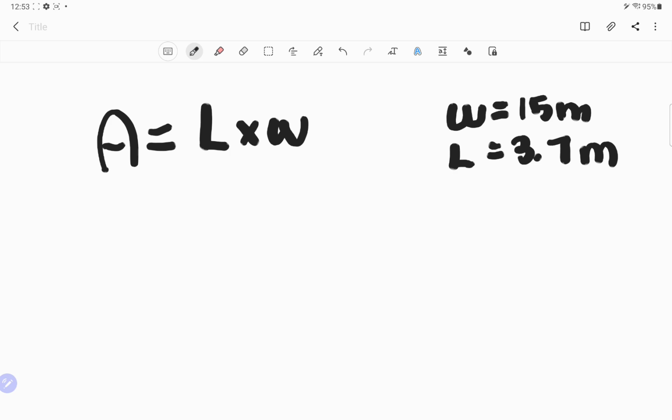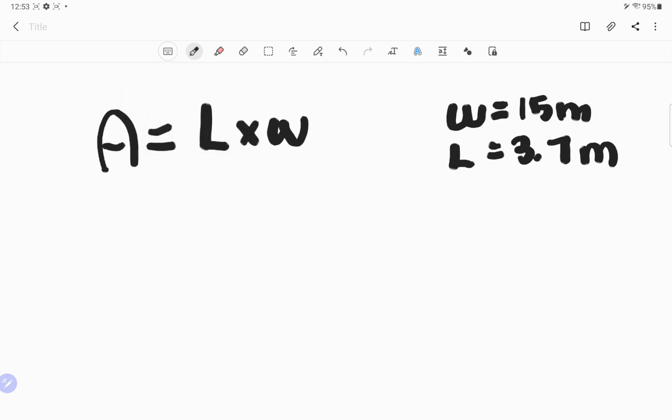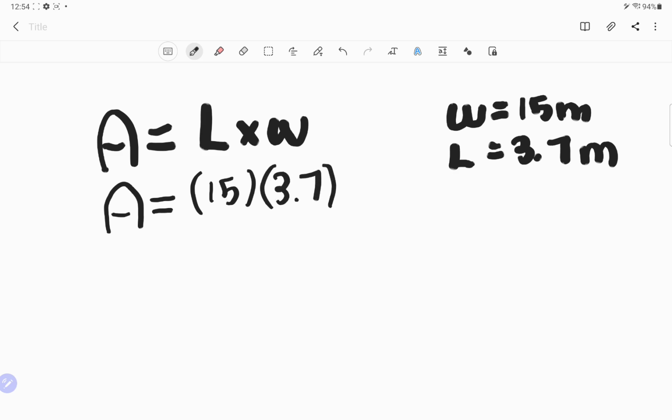Pretty easy, right? All I'm going to do is plug everything into the formula. So I'm going to write 15 times 3.7. I'm going to write it out first, right? 15 times 3.7.